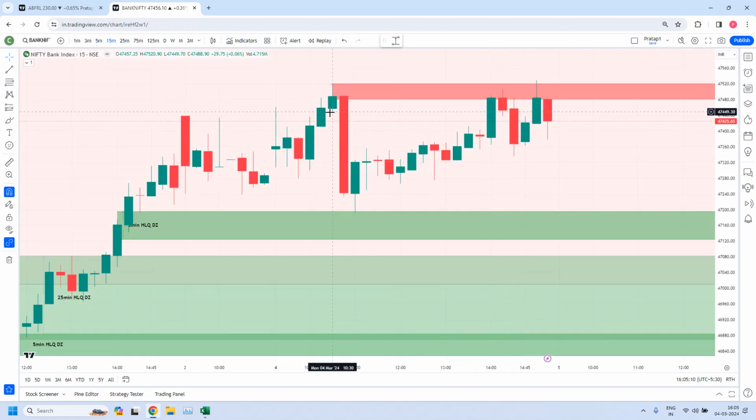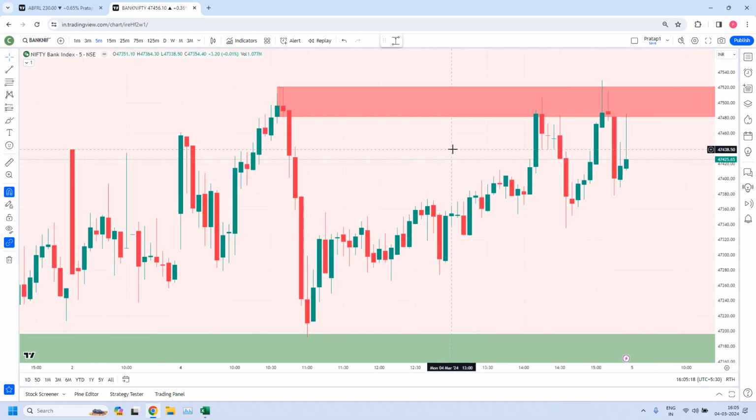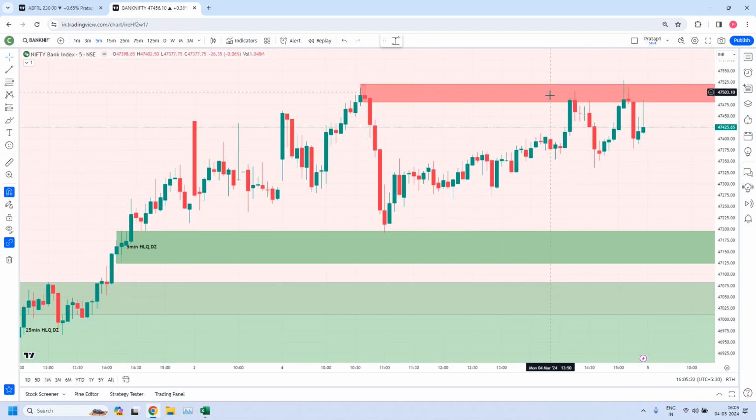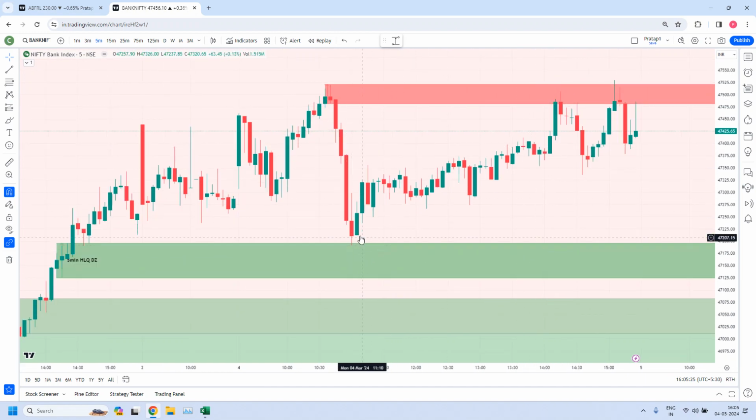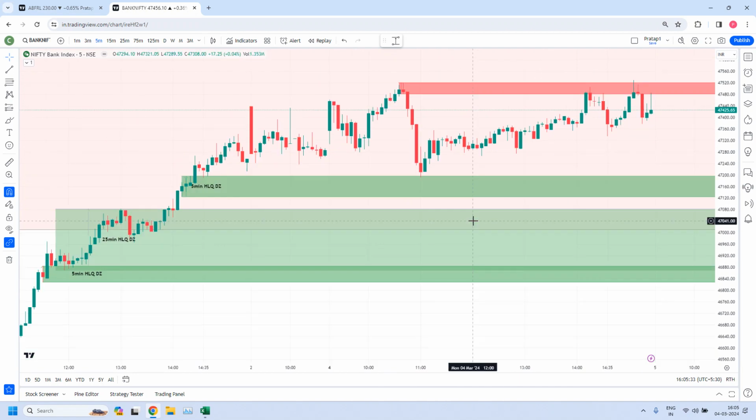See here, you have a 15 minute zone, rally base drop, and within this area again fine tune to 5 minutes to find the exact order flow, and prices reach this level. So Bank Nifty has given a 280 points move from this 5 minutes high liquidity demand zone. Those who have taken a trade in this zone would have got a good profit in today's intraday session.